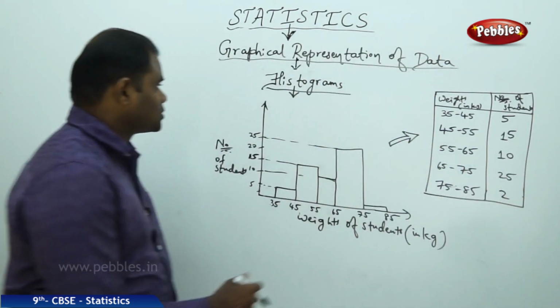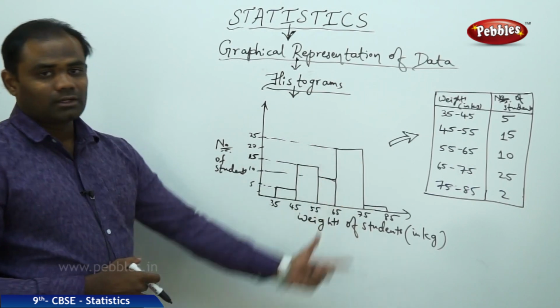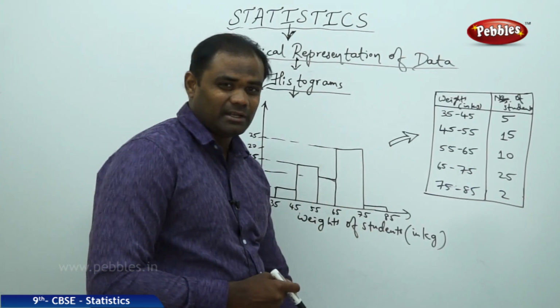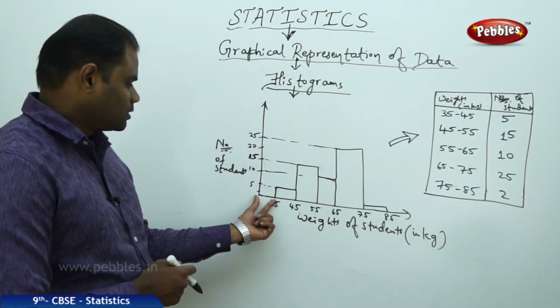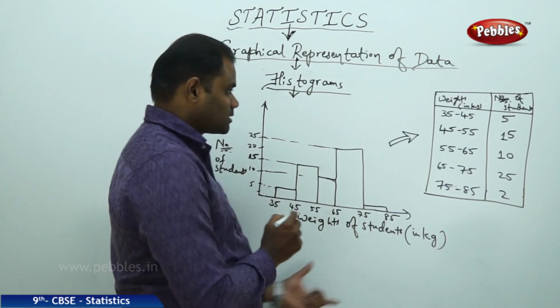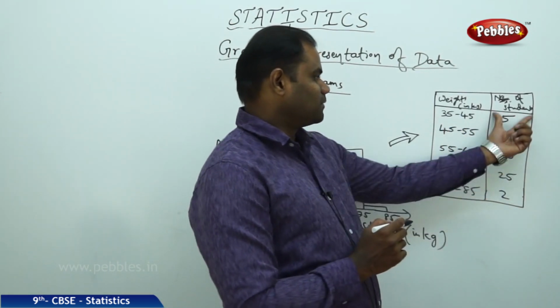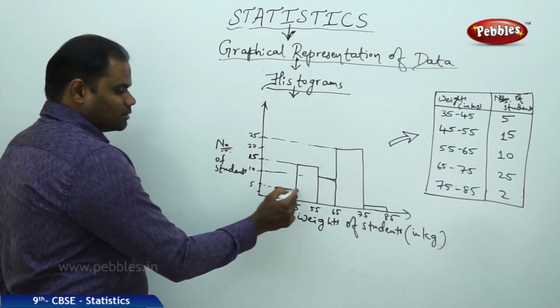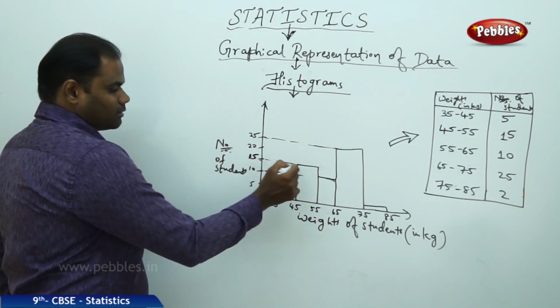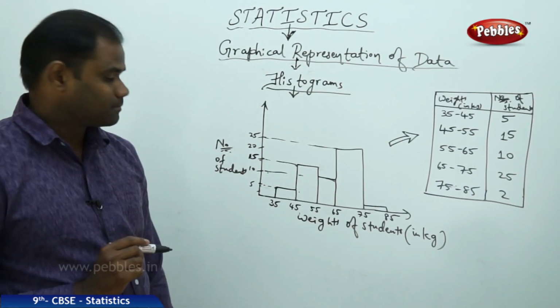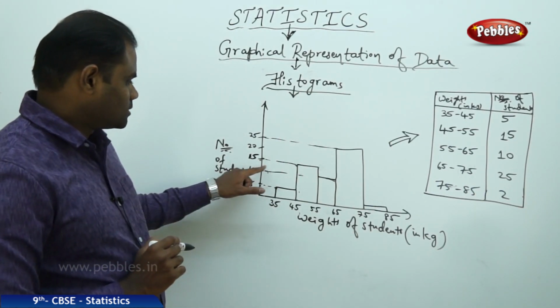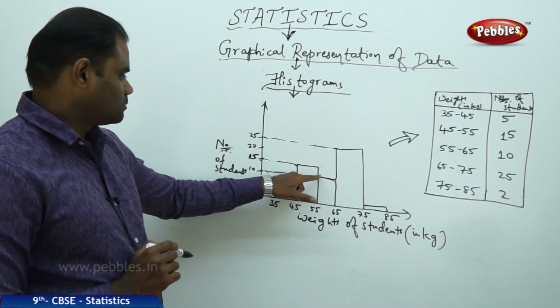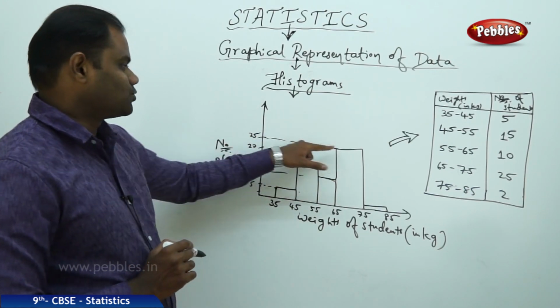So the given histogram, when converted to the frequency table, I clearly understand that the students who have their weights in group data have their frequency picked from the tip of the bar and then with the value on the y-axis. This is 5, this is 10, this is 15, this is 25.